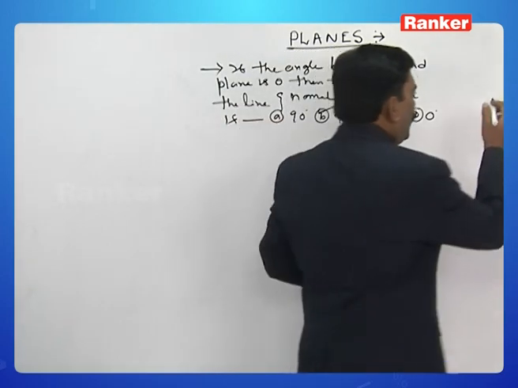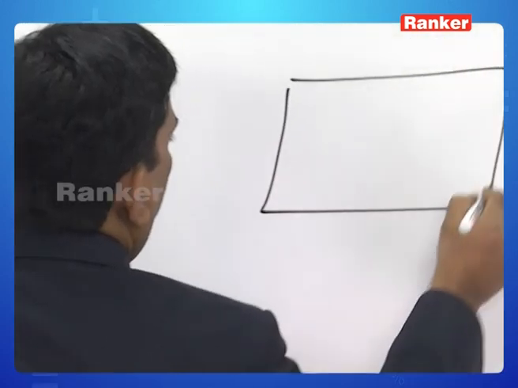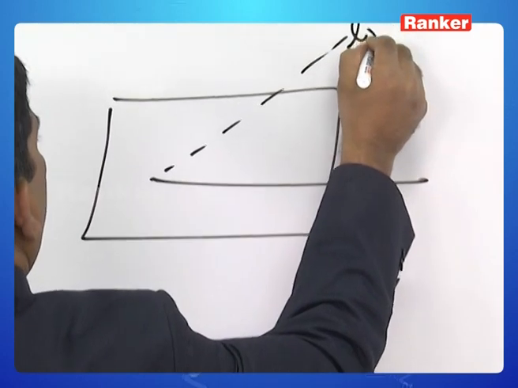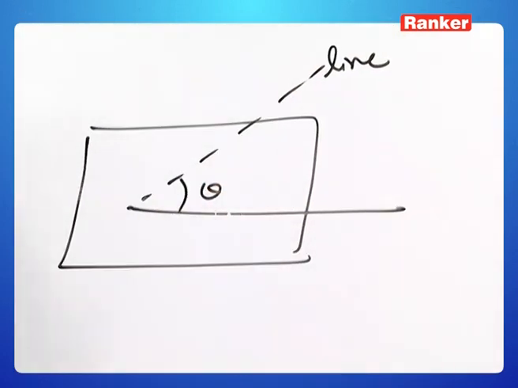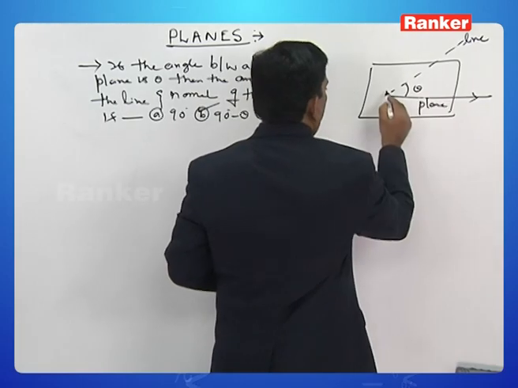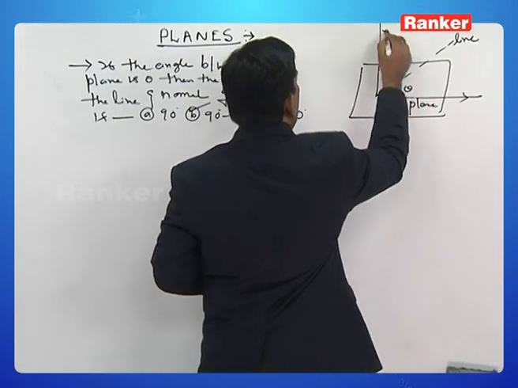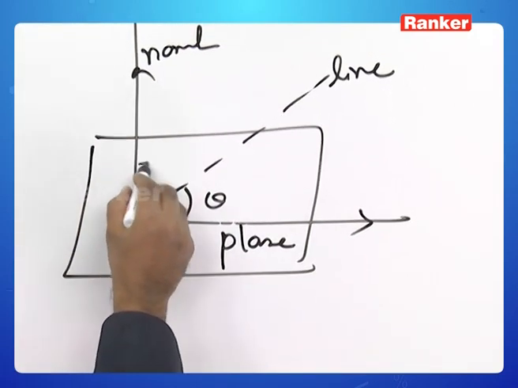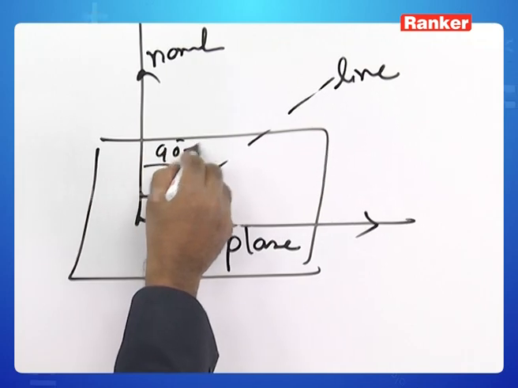I have told yesterday, this is a plane and this is a line. Let the angle be theta, taking the plane as reference. So this is nothing but a normal, so this is 90, and this is 90 minus theta.